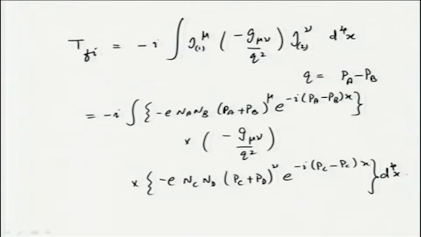This is the transition amplitude written now in terms of the wave function explicitly, as a function of the momentum and the position.